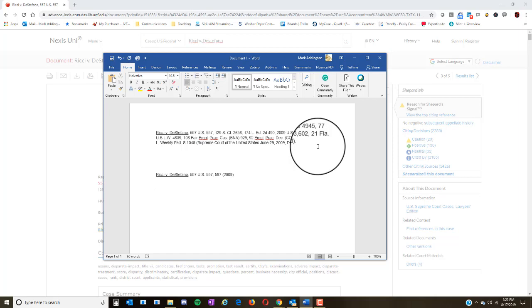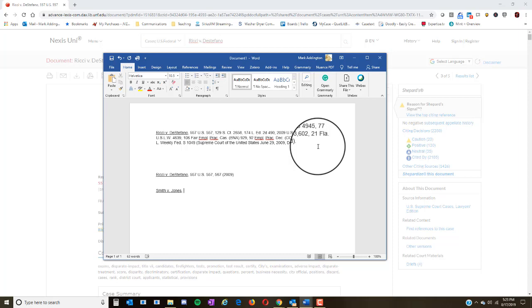Now, in contrast, let's make up a case in Florida in state court. I'm just going to make it up. So we'll say Smith v. Jones. Smith is the plaintiff suing Jones, the defendant. And I told you the reporter is usually a Southern Reporter for Florida.